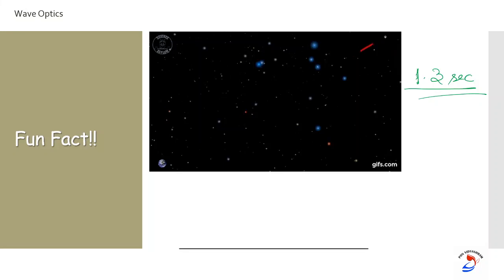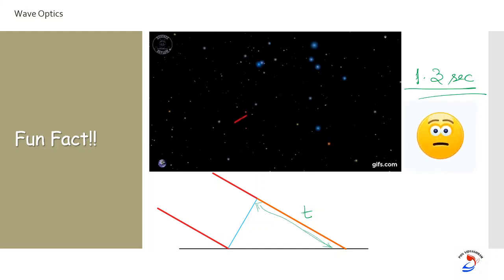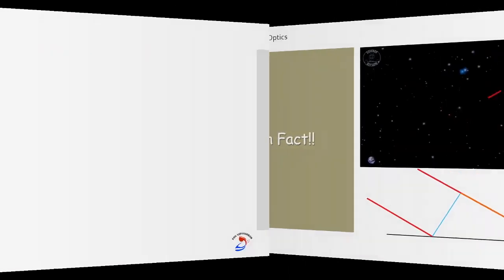And here we are talking about two light rays which are very near to each other, and we are talking about the small time t which it takes to travel this small distance, which cannot even be seen, isn't it? Anyways, let's not bother about it. The point is we have proved the reflection law and refraction law using Huygens principle. So let's not talk about these facts.